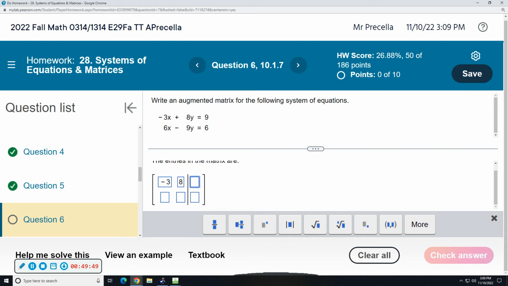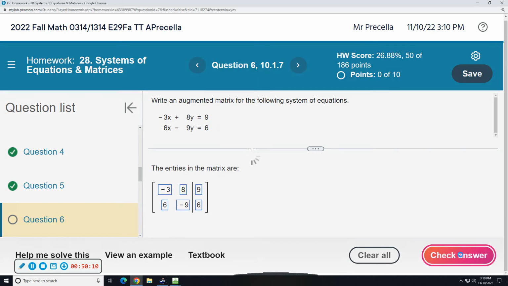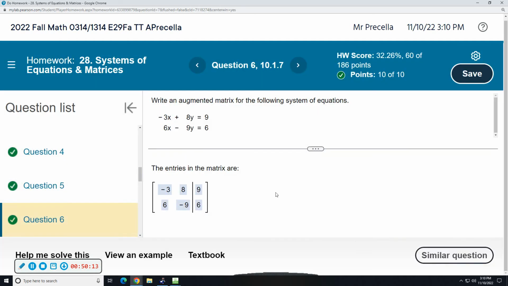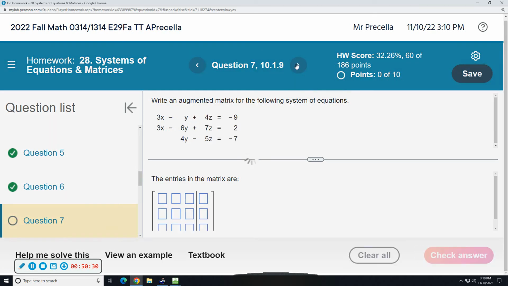So notice the first row just contains the coefficients of the first equation. The second row contains the coefficients and constants in the second equation. This vertical bar is acting as the equal sign. Not much to it. The x coefficients go in what's called the x column. The y coefficients go in the y column. The vertical line acts as the equals, and then the constants over here. Surely the next one will be more involved.